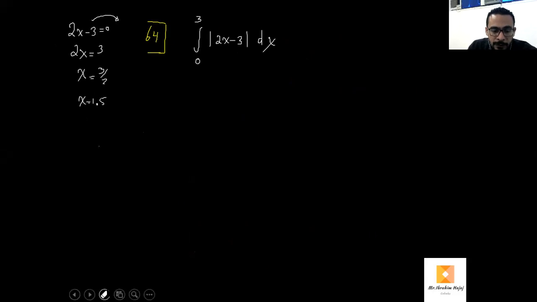You have to redefine the absolute value function as two parts: 2x minus 3 when x is greater than 3 over 2, and negative 2x plus 3 when x is less than 3 over 2.